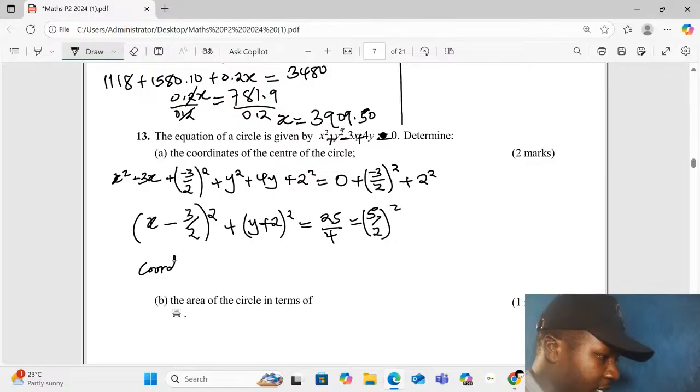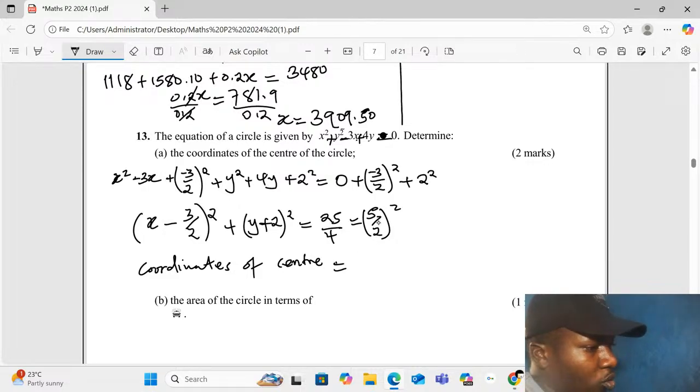Now the coordinates of center will be equal to 5 divided by 2, you get 1.5, and 2. So these are now the coordinates. In fact, this is -2, not 2. So you have 1.5 and -2.